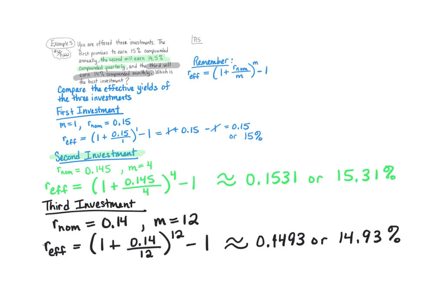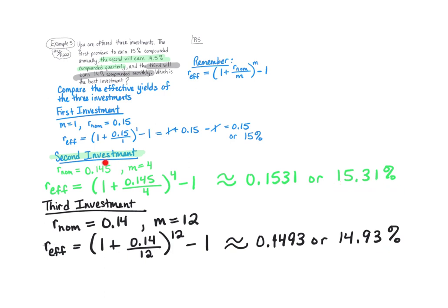14.93%. Now, if we're comparing the effective yields, the first investment was a 15% effective yield, the second investment had a 15.31% effective yield, and the third investment had a 14.93% effective yield. The second is the best, right?